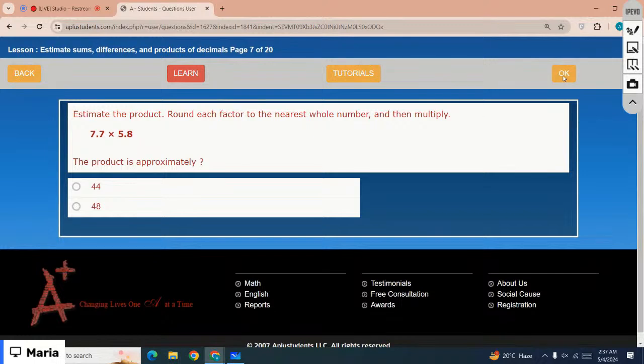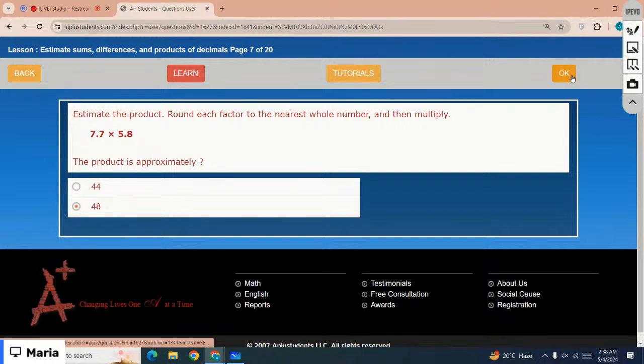Estimate the product, round each factor to the nearest whole number and then multiply. 7.7 times 5.8, which is the correct option? Estimate the product. 8 times 6, 48, it is.